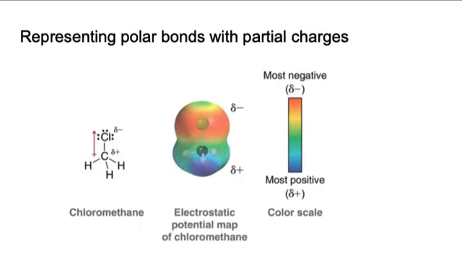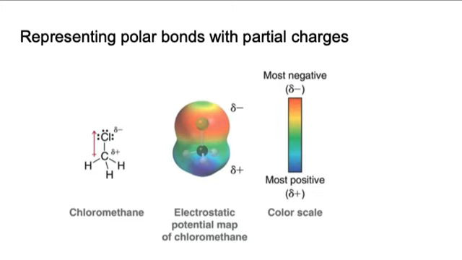So when we're drawing an organic compound and there is a polar covalent bond involved, we can indicate that with a crosshair and arrow or a delta plus delta minus notation.